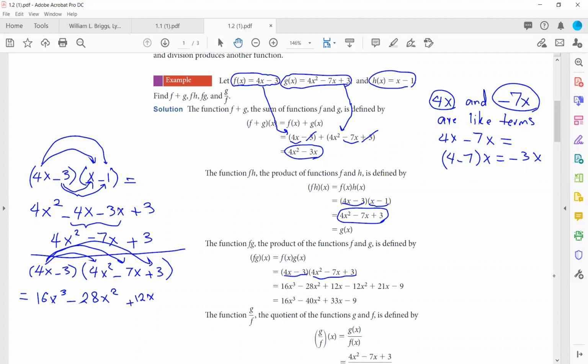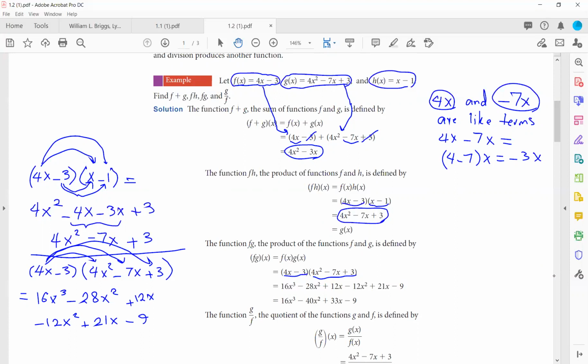Negative 3 times 4x squared is negative 12x squared. Negative 3 times negative 7x gives you plus 21x. Negative 3 times positive 3 gives you negative 9. Now we're looking for like terms. The very first term has degree 3, and this is the only term with degree 3.